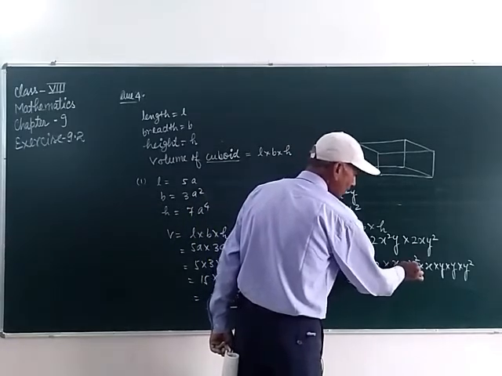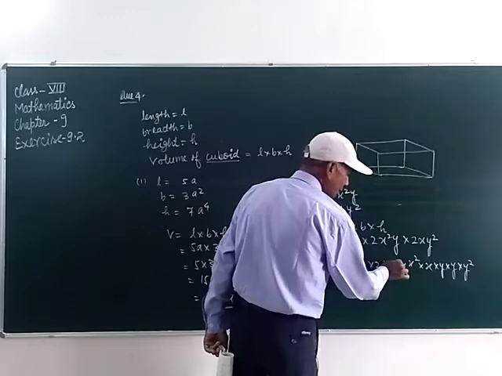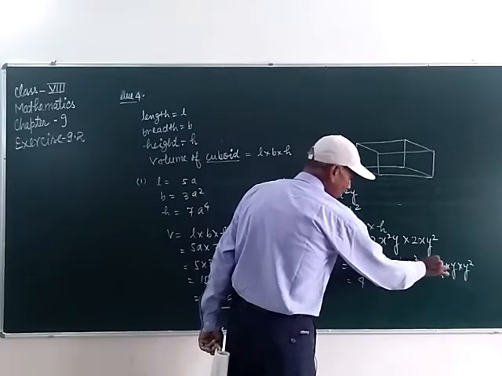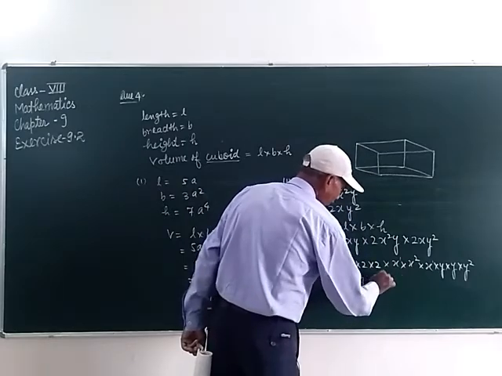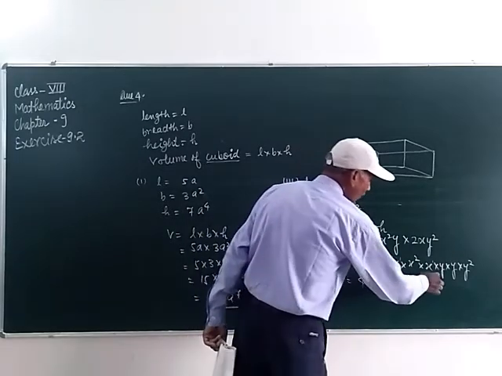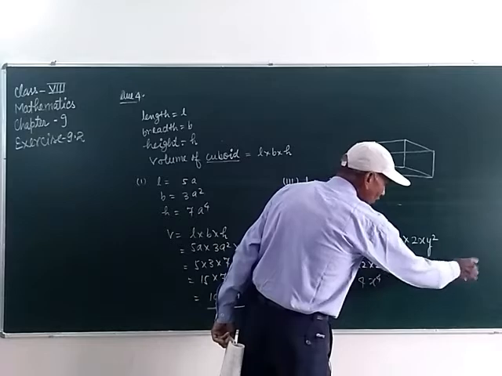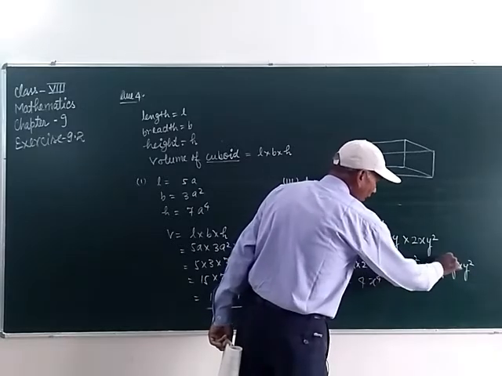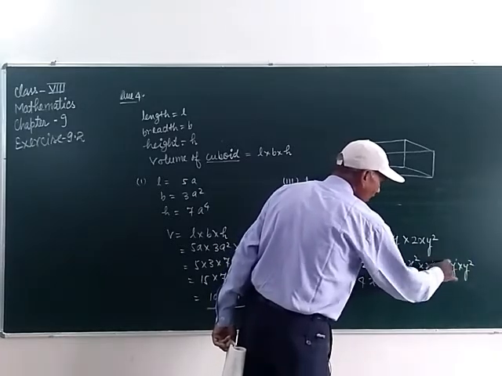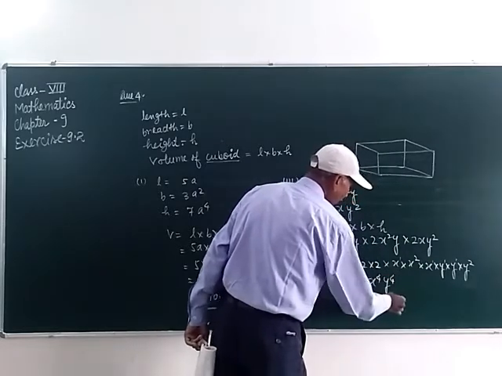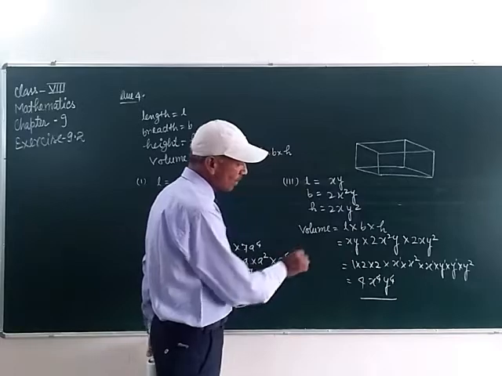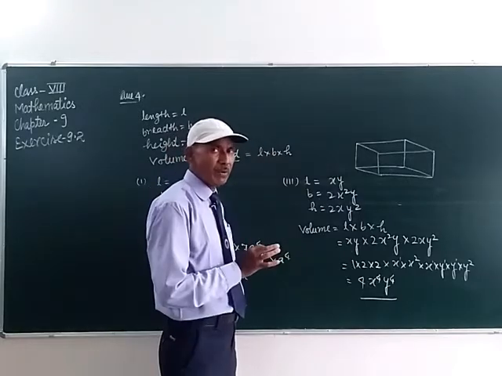X square and x, it means x to the power 1 here, student. So x to the power 4, and y into y to the power 2, this power 1, so 1 1 2 2 4, y to the power 4. This one will be x to the power 4, y to the power 4.